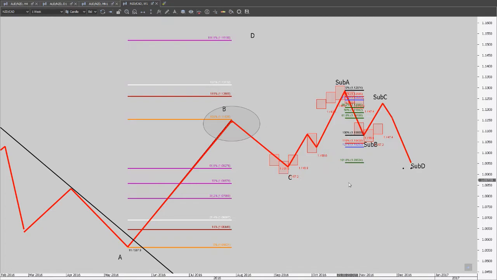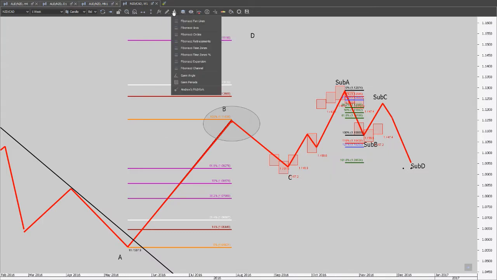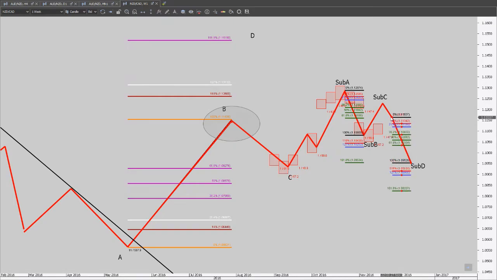So this is the sub D, the market hit the appropriate sub D extension, right? What are we going to do? Well, we're going to adjust our down Fibonacci, our contrarian Fibonacci, right?